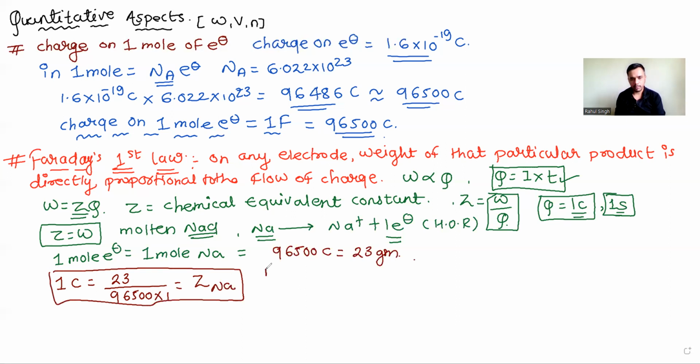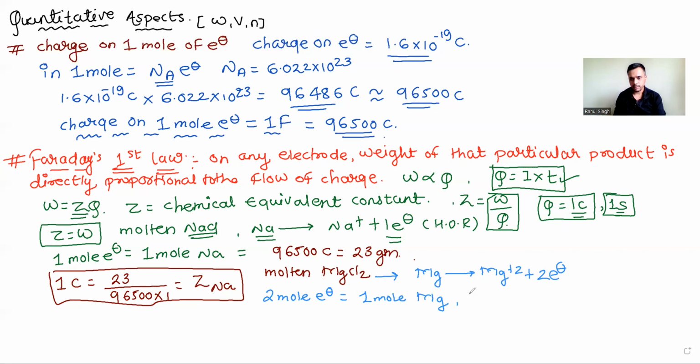Similarly, we can calculate for molten MgCl2. Here Mg will be converted to Mg plus 2, and we get 2 electrons. So we can write 2 mole of electron is equal to 1 mole of magnesium.